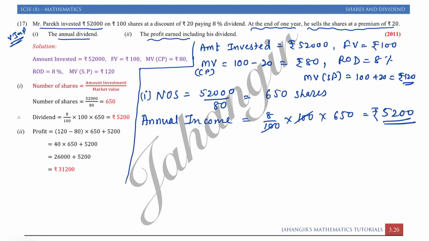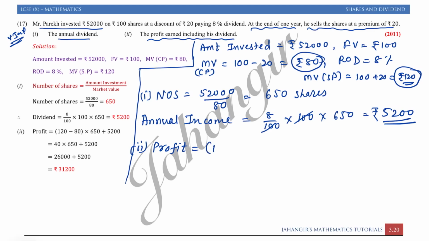Now the profit earned including the dividend. The total profit whatever he is earning including the dividend. See, profit is equal to, while buying he had paid rupees 80 and while selling he got rupees 120 per share.